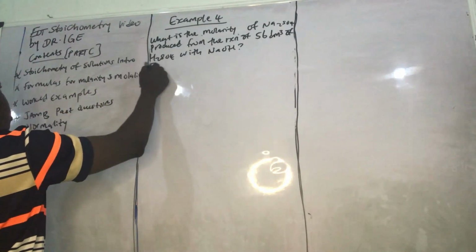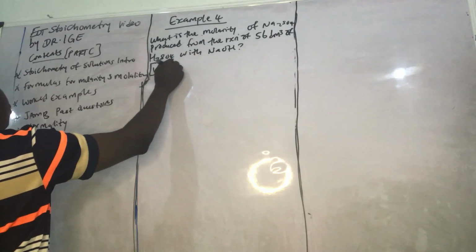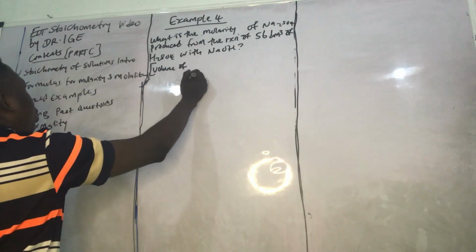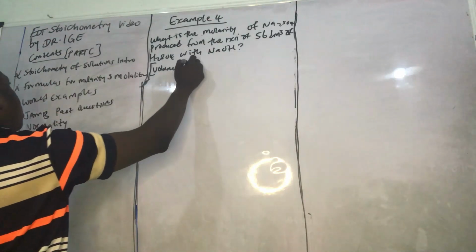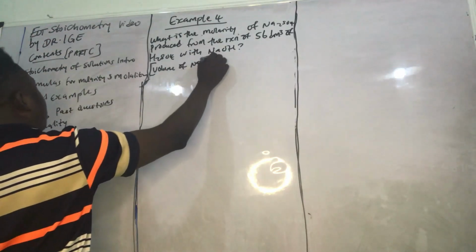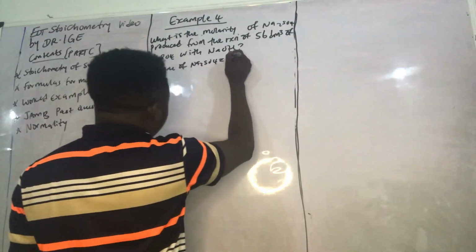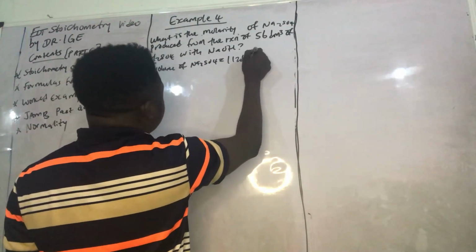In brackets, volume of Na2SO4 is equal to 1.2 dm³.